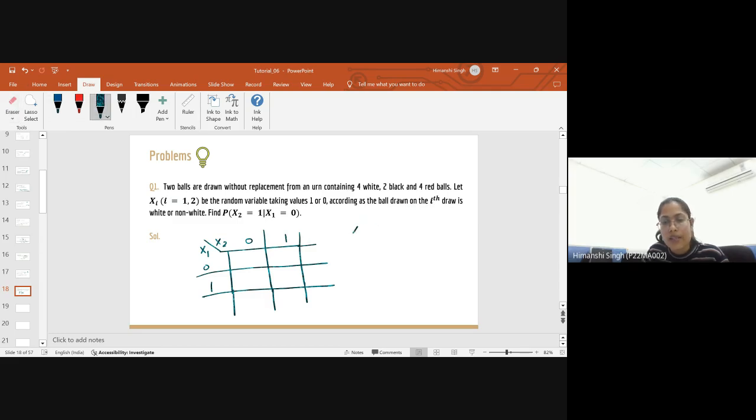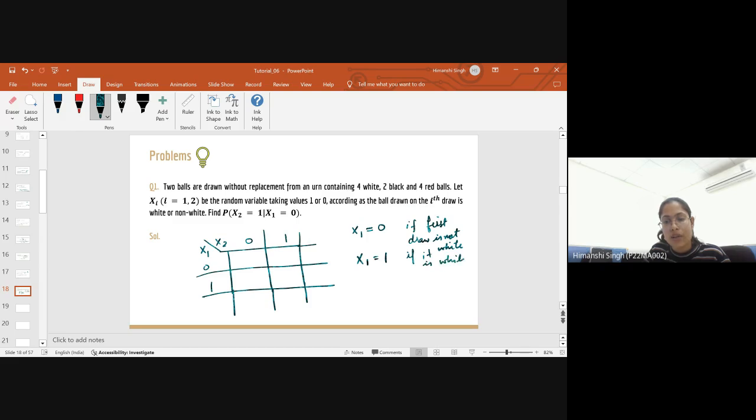So x1 is 0 if the first draw is not white, and x1 is equal to 1 if it is white.